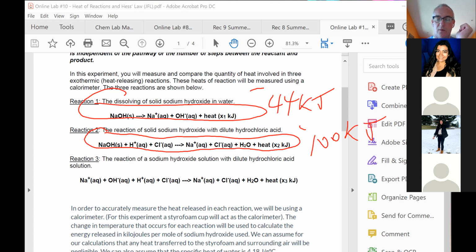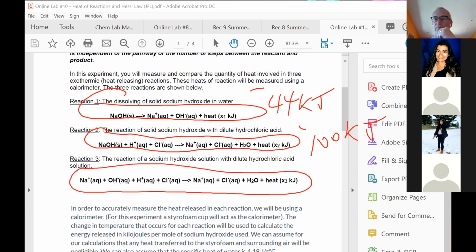So what is going to be delta H for reaction 3 based on those two numbers? Around 56. Plus 56 or minus 56? Minus 56. Yes, exactly. That should be around minus 56 kilojoules per mole.